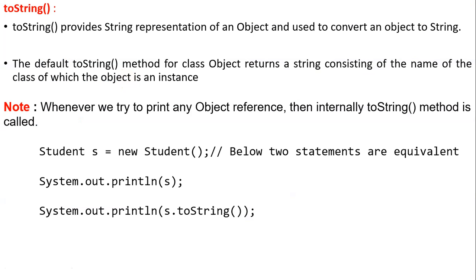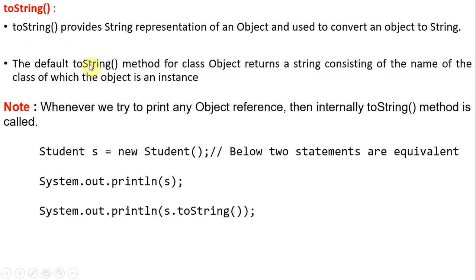So we'll discuss them one by one. The toString method provides a string representation of the object, and it is used to convert an object into a string. Simply, data can be converted into the string format. The default toString method for class Object returns a string consisting of the name of the class of which the object is an instance.